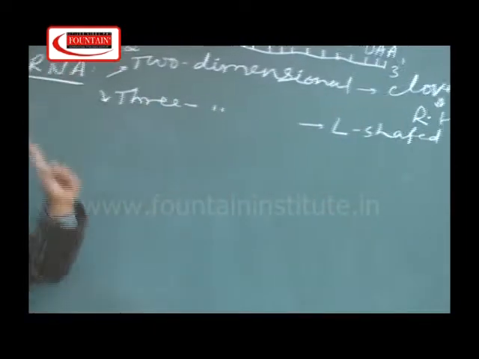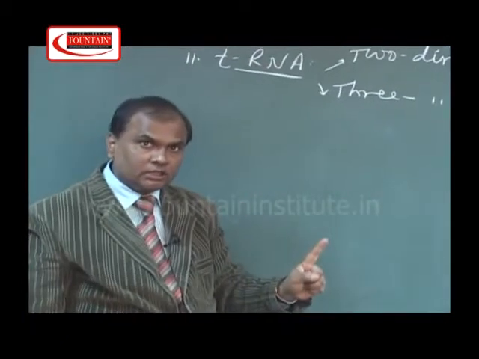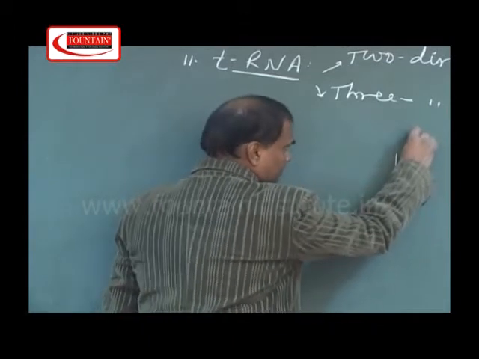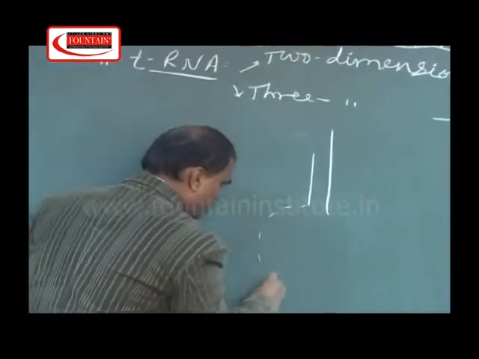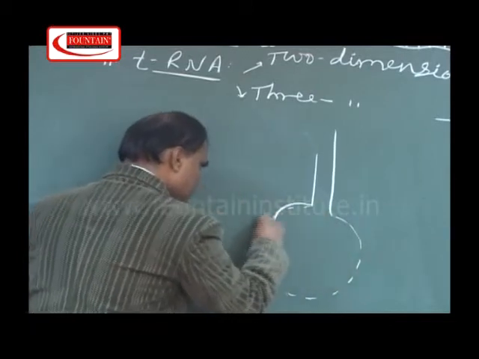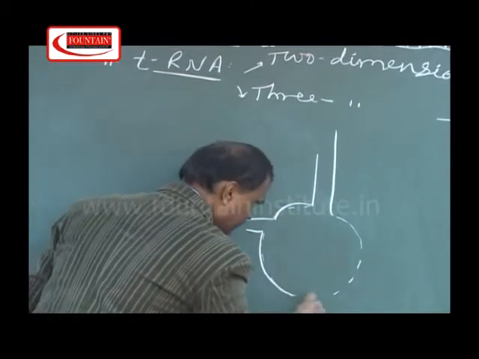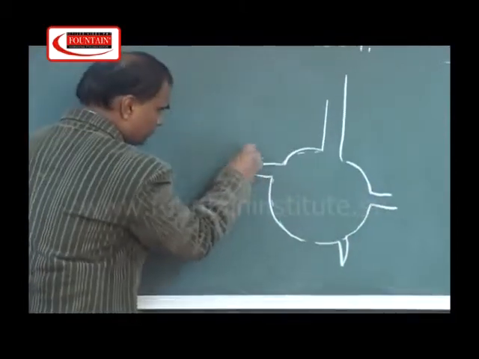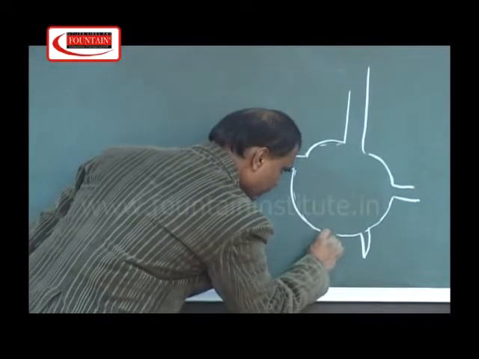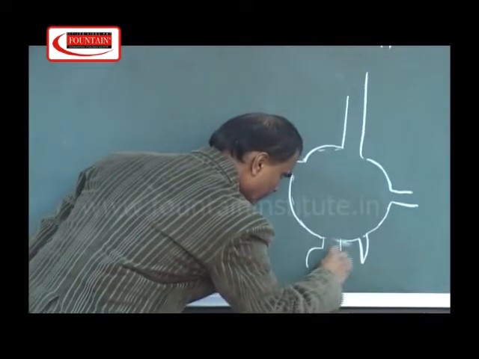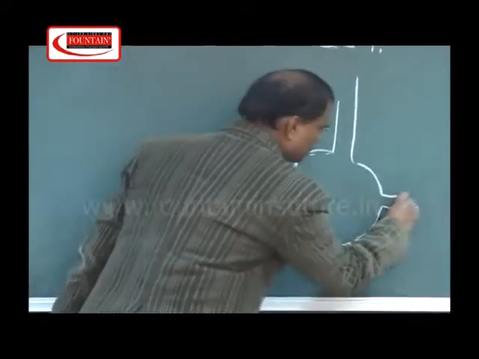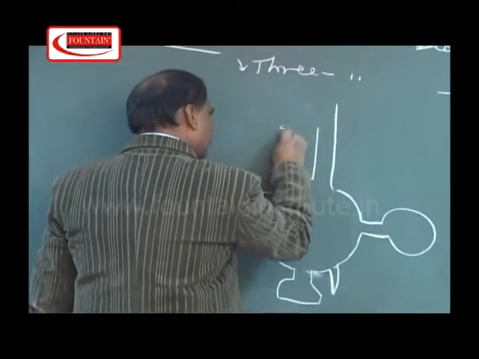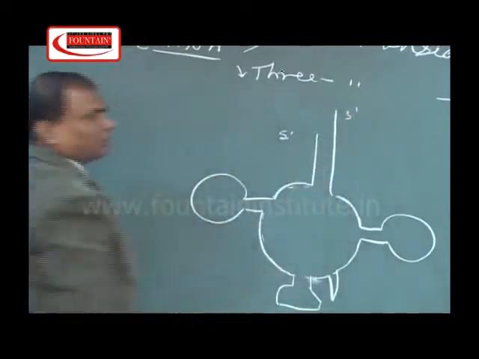Like mRNA, tRNA is also a single stranded structure, but it folds to form 5 arms like this. This is the folding of tRNA. Suppose this is the 5' end, this is the 3' end.